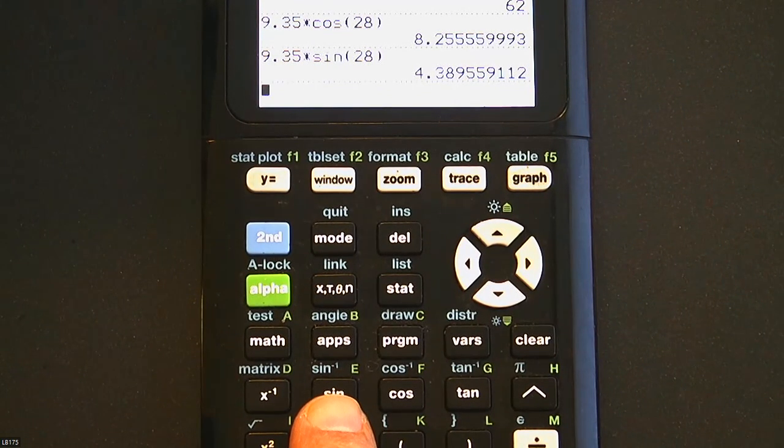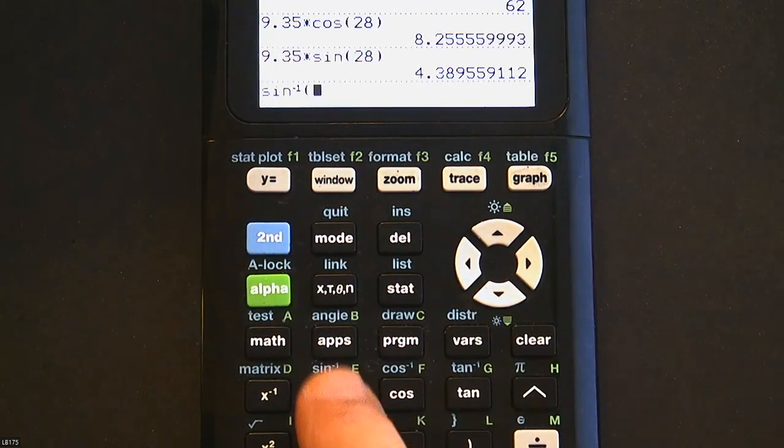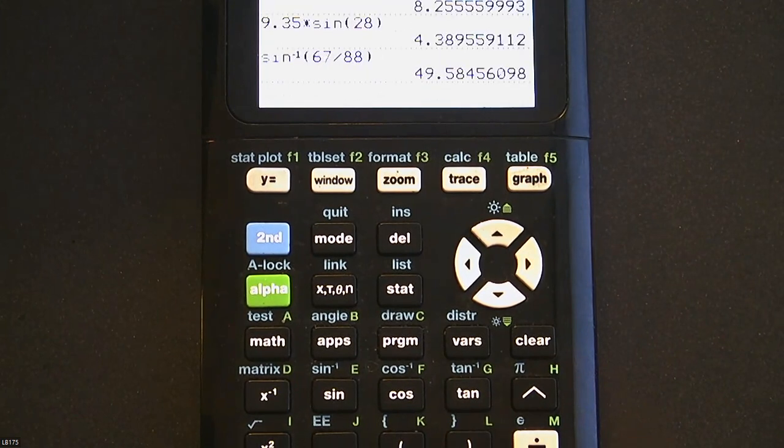To do the inverse sine, you just hit second and then the sine key. And then we go 67 over 88. And that means the angle alpha is 49.58 degrees. We'll round it to 2 decimal places too.